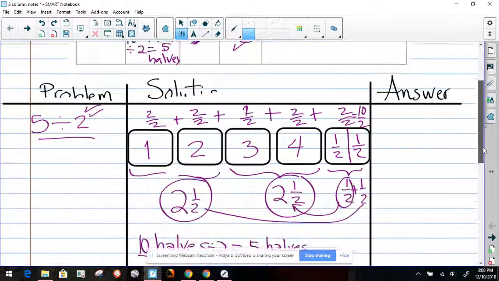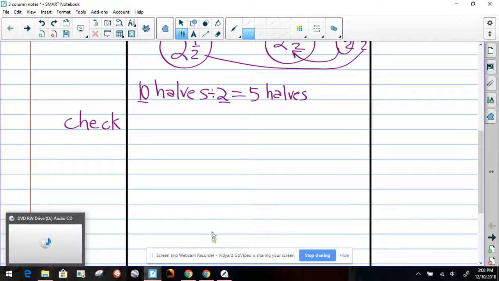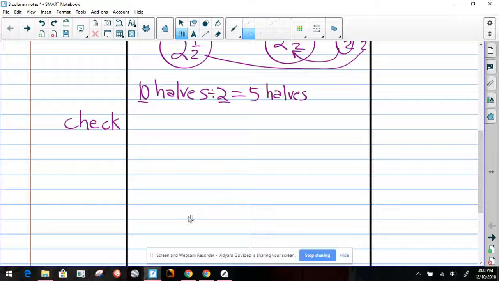Now here's the question. I know some of my students struggle with this. How do you check? So let me write check. So the way you check is you go backwards in this business here. So you say 5 halves times 2 equals 10 halves. So that's what we're going to do.